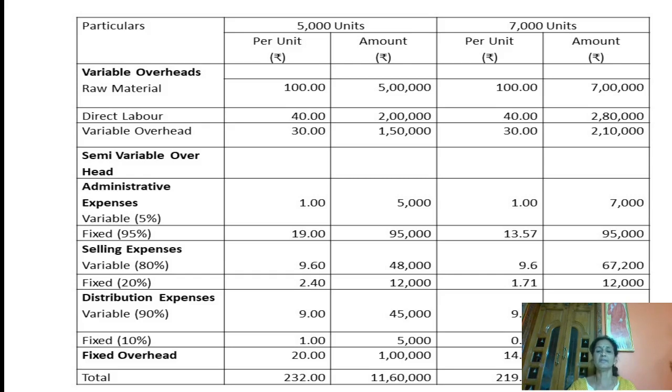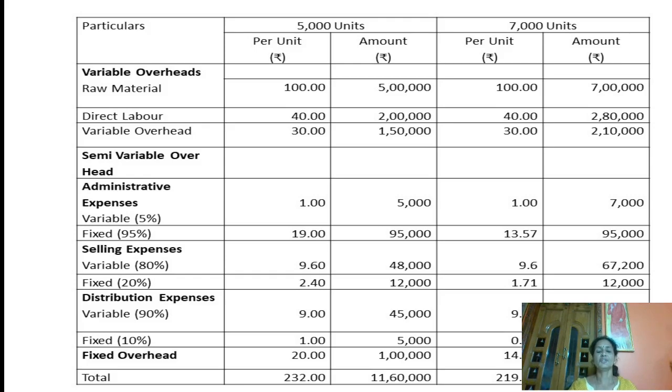You can check here in this solution. In the amount column, it remains the same. When this 12,000 is divided by 5,000, you get 2.40 per unit. Similarly, when you divide 12,000 by 7,000, you get 1.71 per unit cost.